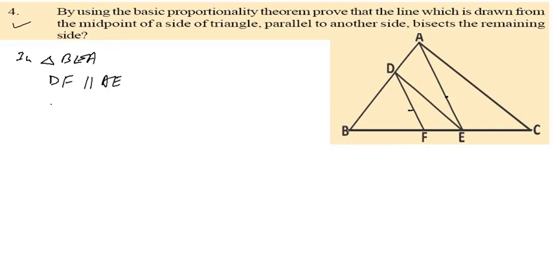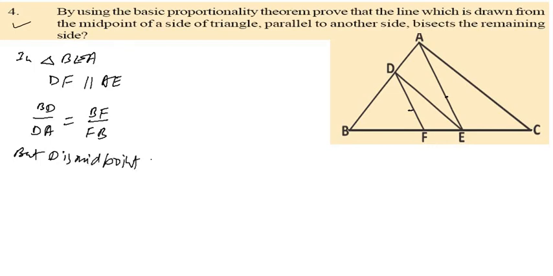So that means BD upon DA will be equal to BF upon FE. But D is midpoint of AB such that BD is equal to AD.